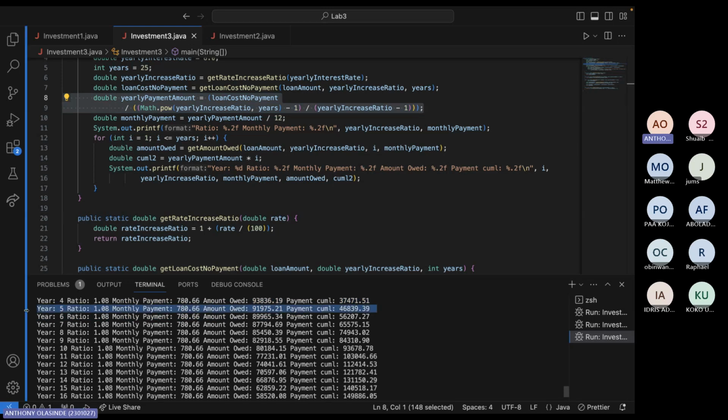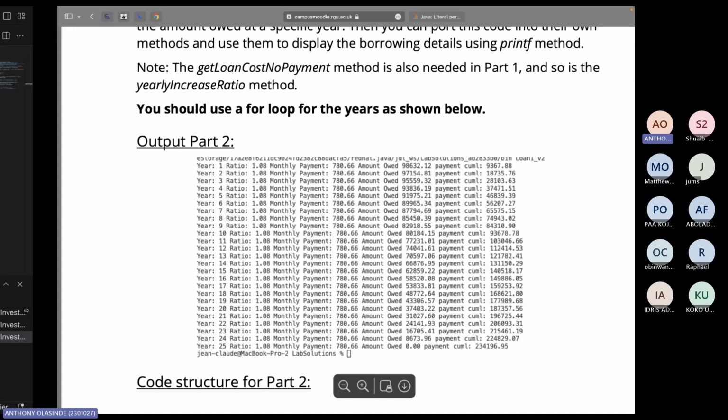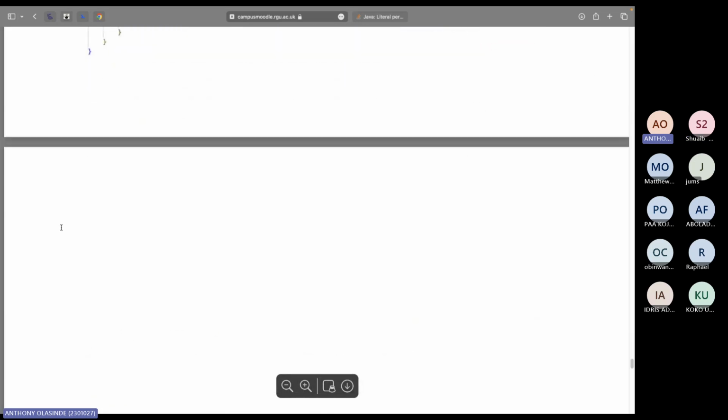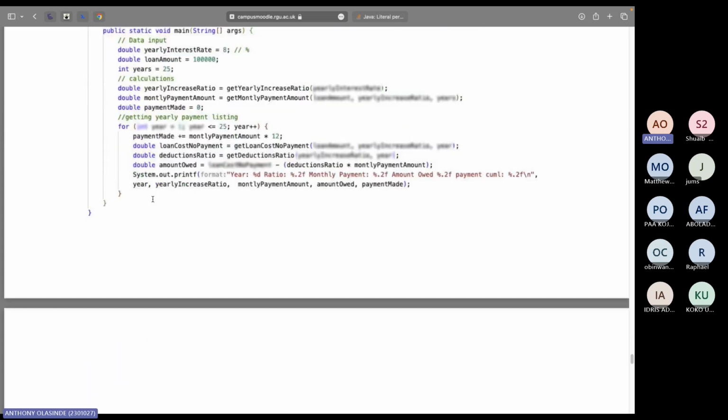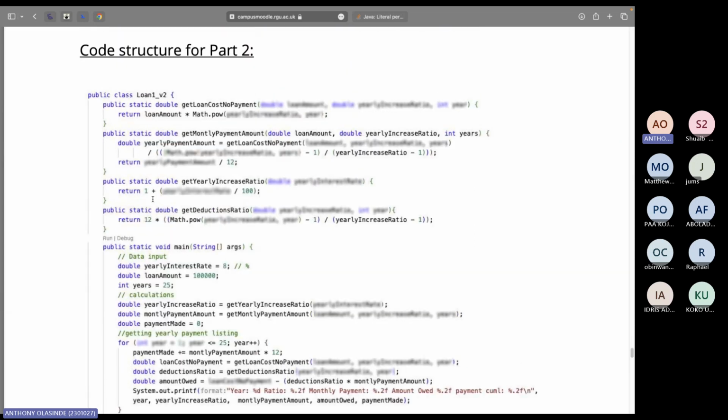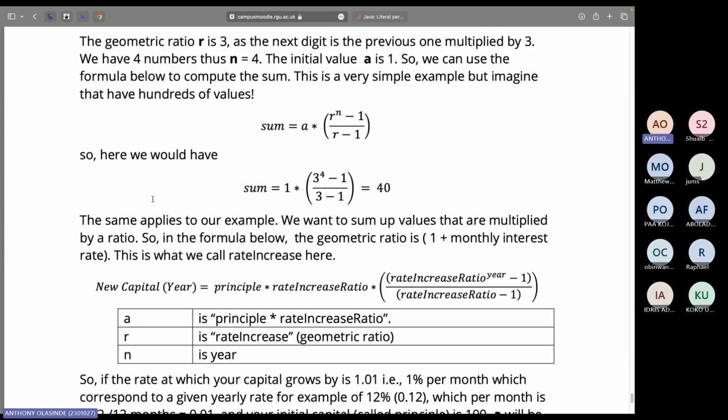Does this make sense to everybody? Hello? Yes. Okay. I think that is it. You can follow this code. It might be a bit different from mine, but should still be good. Yeah, and I think that's it.